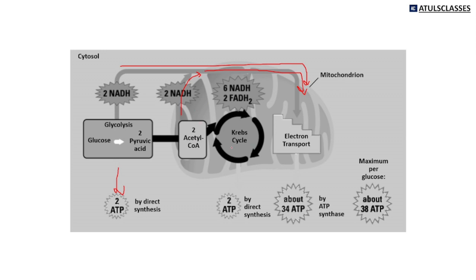Then the Krebs cycle will work, and this again forms these, which move on. Finally we have 38 ATPs from the whole process. Direct synthesis gives 2 ATP in the Krebs cycle and 2 ATP in glycolysis, and indirect ATP synthesis gives 34.